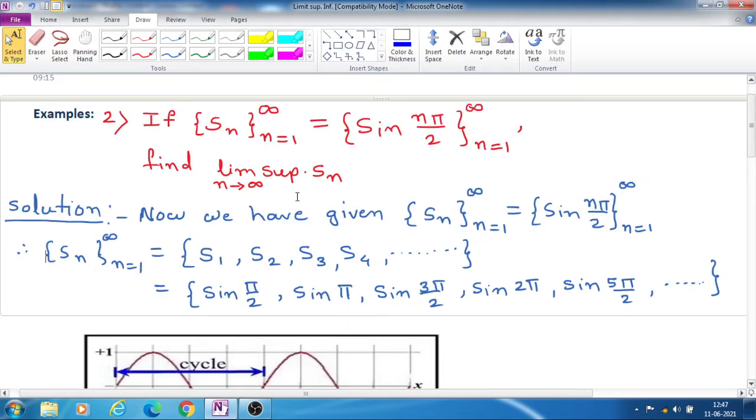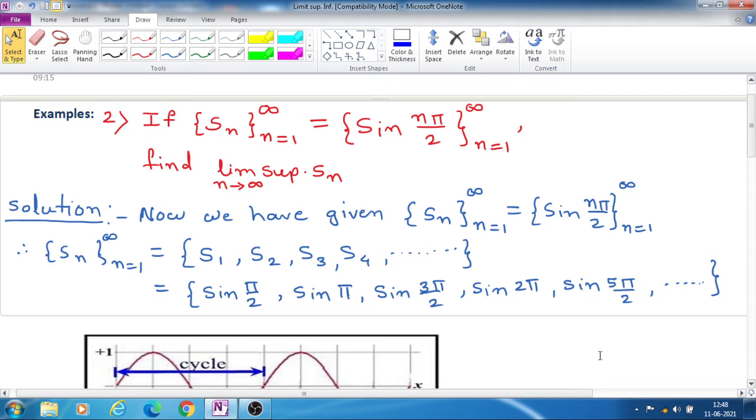If the sequence Sn, n equal to 1 to infinity, is equal to sin n pi by 2, find limit superior Sn as n tends to infinity. So we have the given sequence Sn as sine of n pi by 2 and we have to find limit superior Sn.